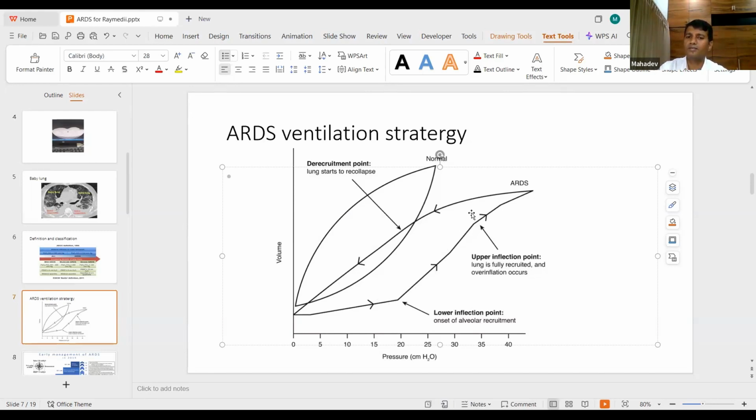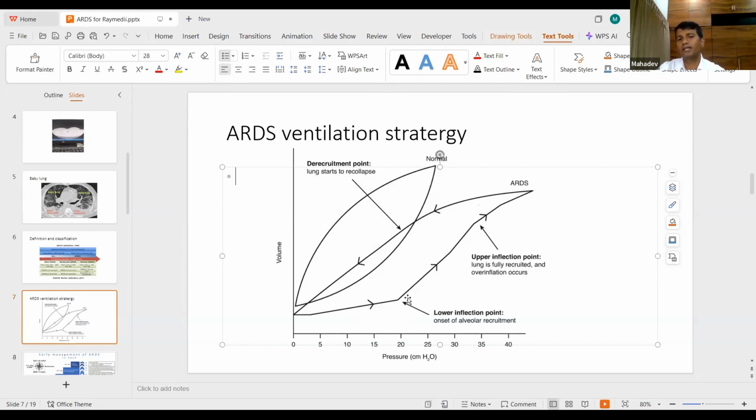Here there is a risk of volume trauma or barotrauma. If the PEEP is low, there is atelectasis because of repeated collapsing and opening. So we restrict our pressures beyond this point. This is called the upper inflection point.